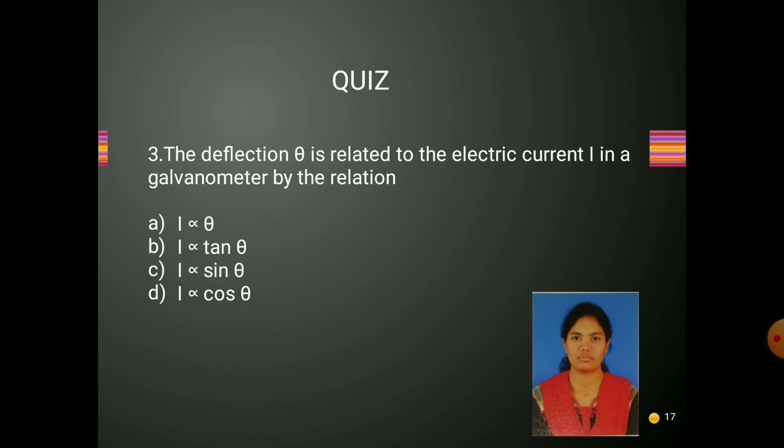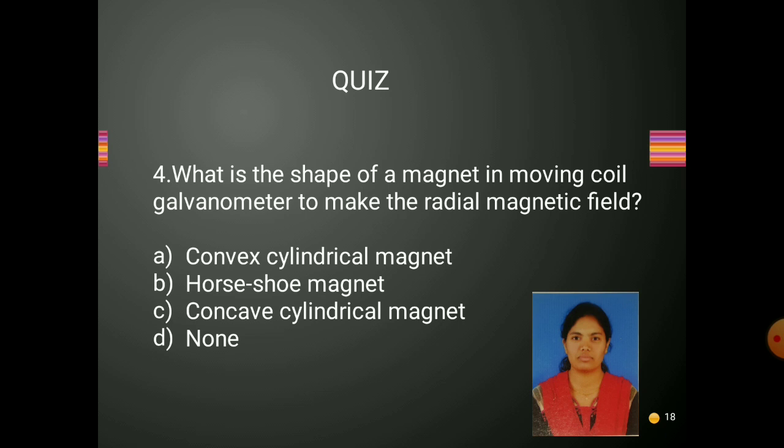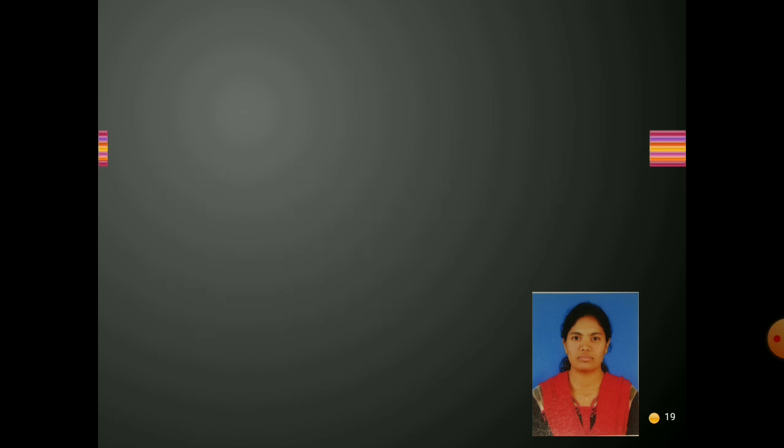So A is the correct answer for this question. What is the shape of the magnet in a moving coil galvanometer to make the radial magnetic field? Is it convex, horseshoe, concave or none of the above? It is concave. To produce a radial magnetic field, we use a concave cylindrical magnet.